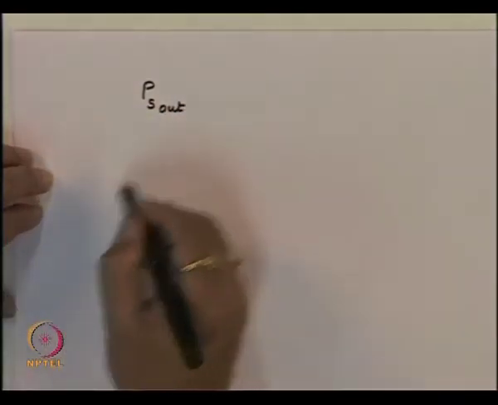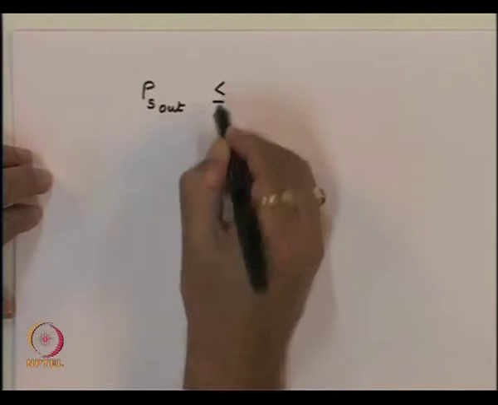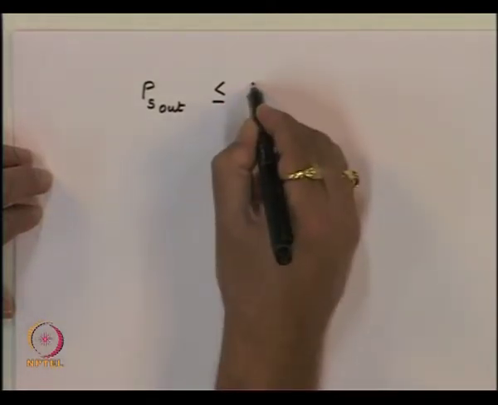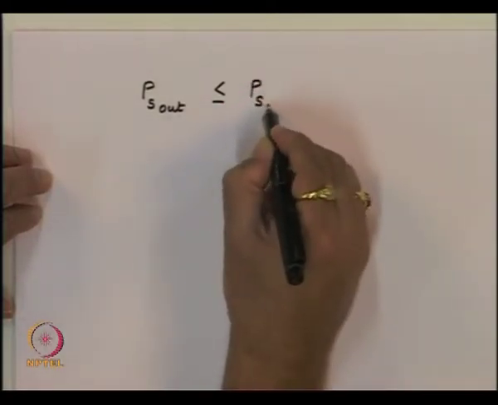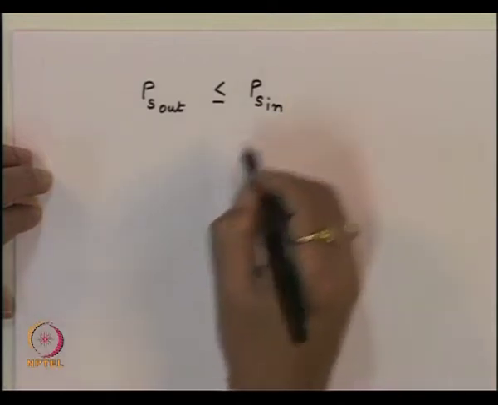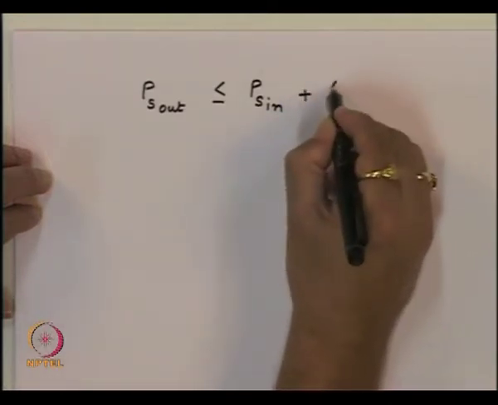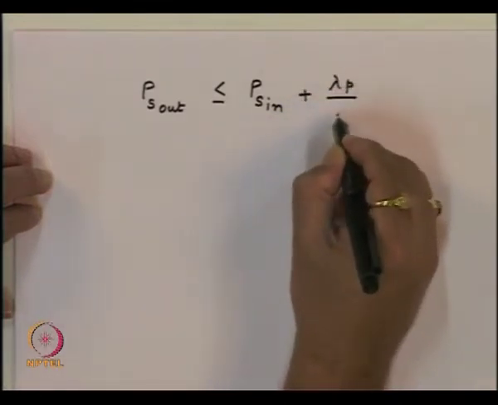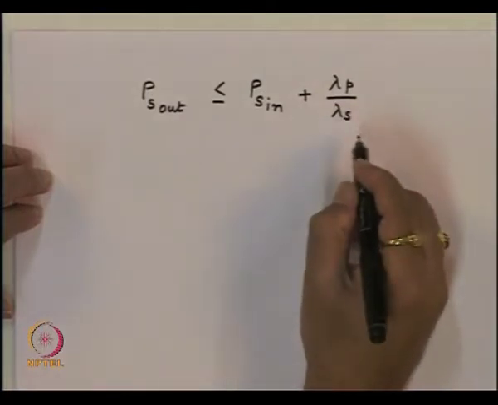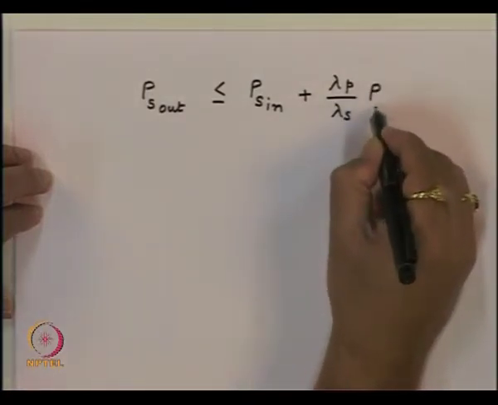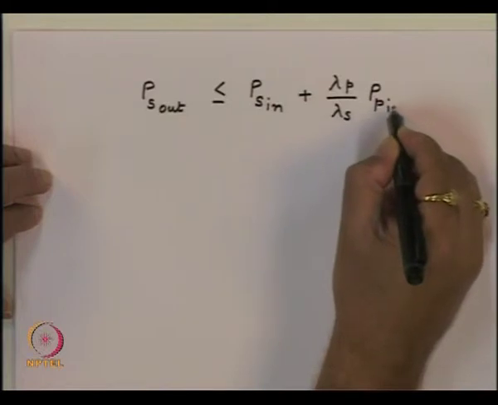So we can write the equation: the signal power at the output will be less than or equal to the signal power which we have put in the input plus lambda p upon lambda s times the pump power which is supplied to the system.